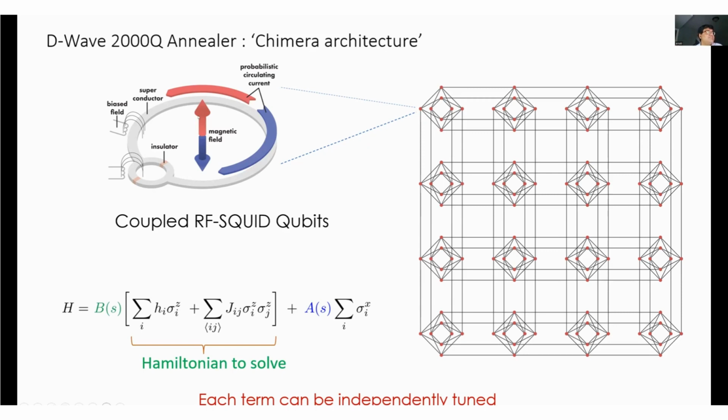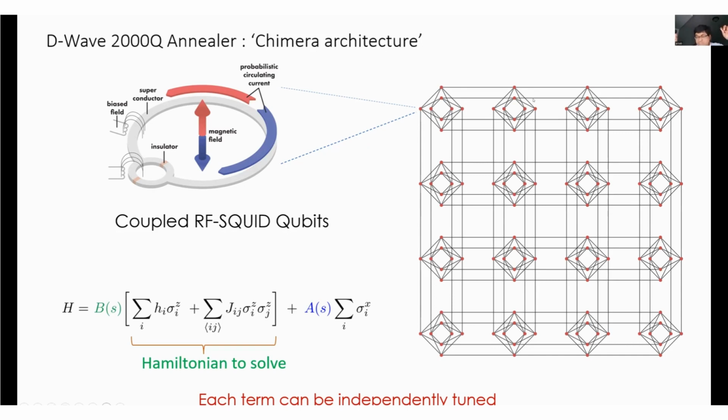If you look at these flux-coupled qubits, this tiny loop that you see, you can apply a field on that. That is the field h_i that you would have for the Hamiltonian that you are trying to solve. And here are the couplers which couple two qubits.